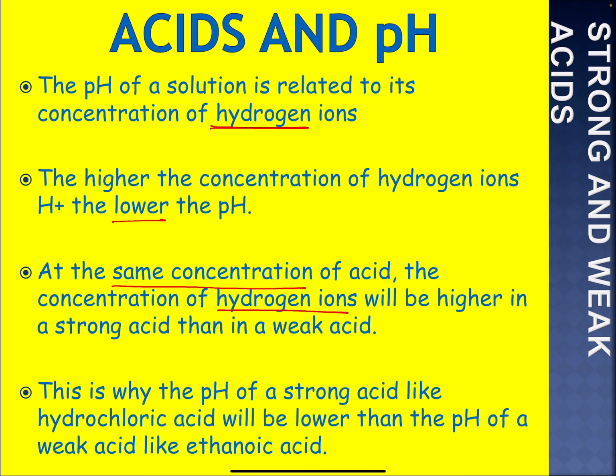This is why pH of a strong acid, like hydrochloric acid, will be lower than the pH of a weak acid, like ethanoic acid. Now you may want to pause the video here and summarize this in your own words. Do not copy, but summarize. Okay, let's move on then.